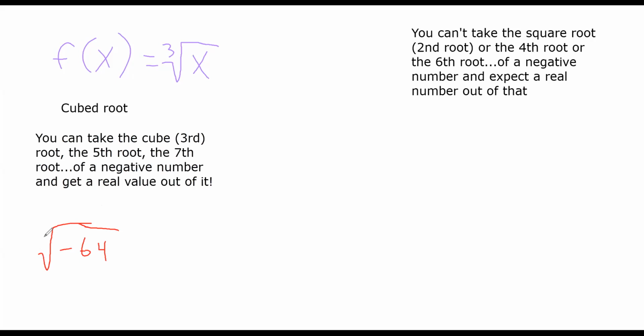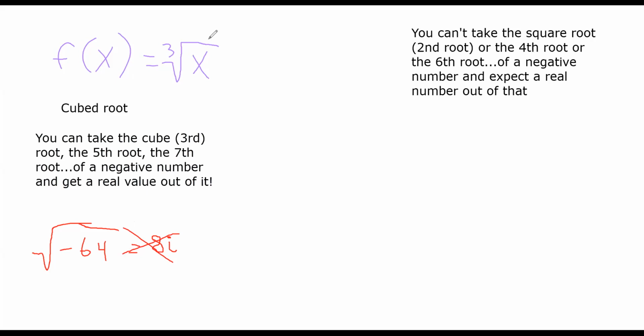We know it's a square root because if there's nothing written on the radical here, it's automatically implied to be a square root. Well, you can do it, but it's going to involve i. Remember, you take an i out. You take an i out, and then you can take the square root of 64 and get 8. But the whole problem with that is that's a complex number. So put another way, when you're talking about graphing, you can't take the square root of negative numbers for graphs.